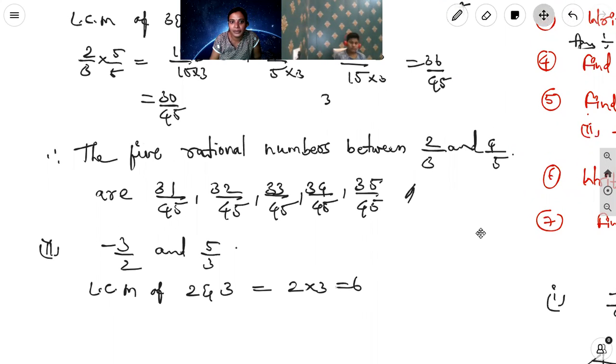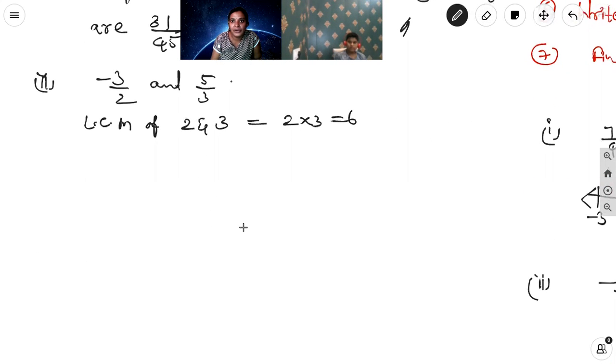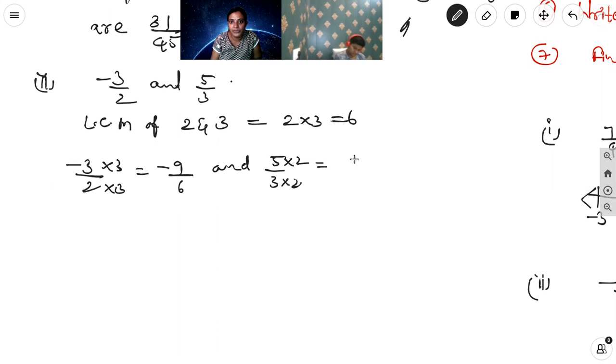Again convert into like fractions. Minus 3 by 2 into 3 by 3, minus 3 into 3, minus 9 by 6. And 5 by 3 into 2 by 2 is 5 twos are 10 by 6.